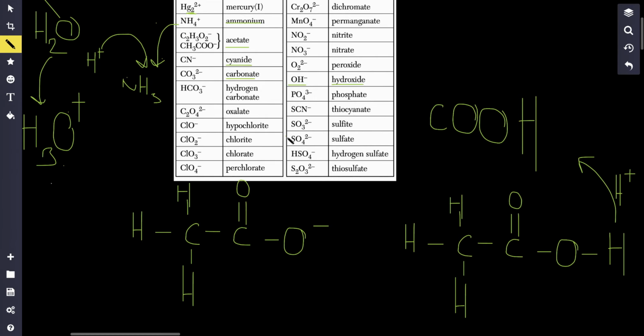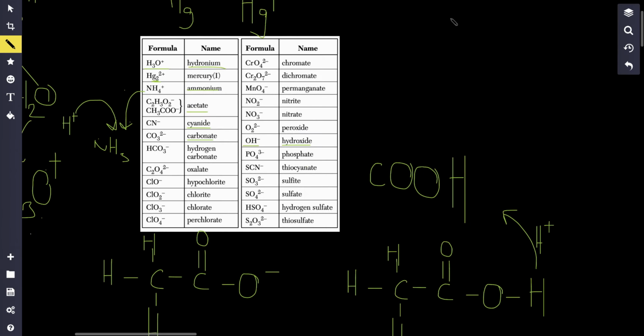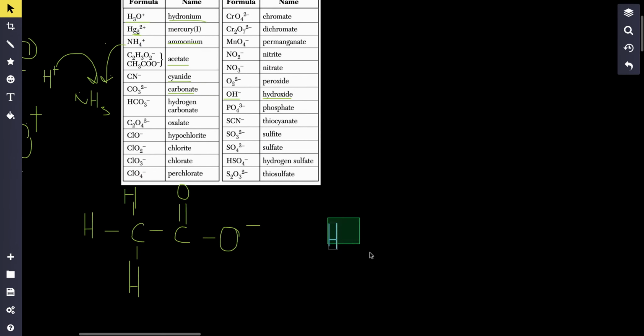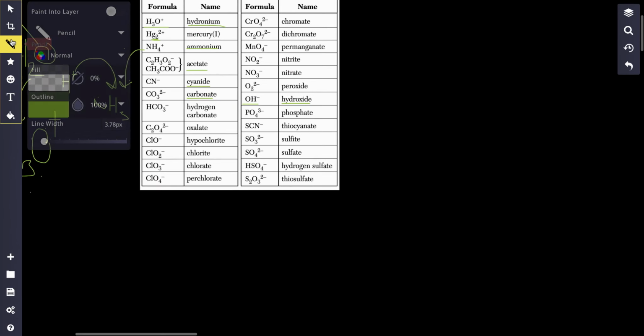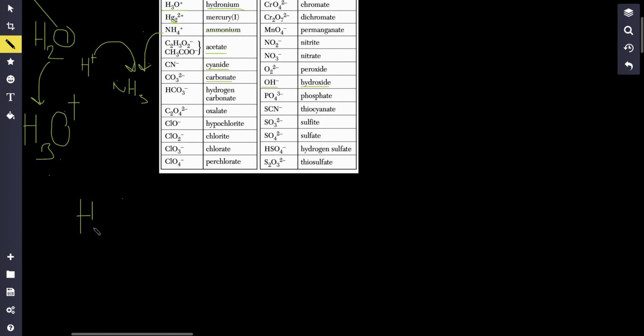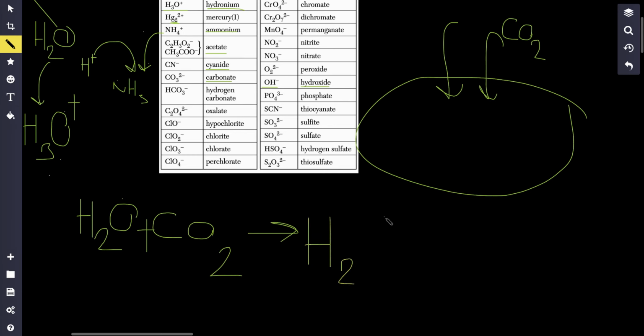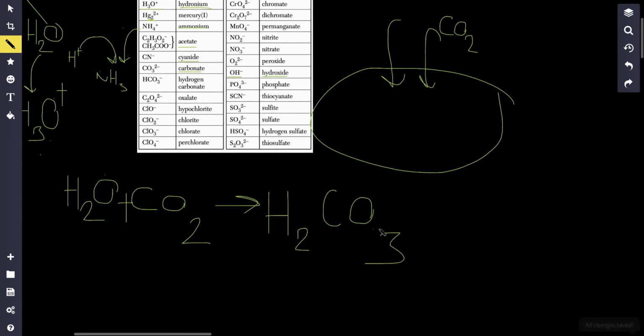Then we have carbonate. Carbonate is a little bit of a weird one, but once again, we can connect this back to acids and bases. Let's say this is water in the ocean, and in the atmosphere we have carbon dioxide. When water combines with carbon dioxide, this gives you H2CO3. This is something known as carbonic acid. Now imagine if one of these hydrogens disappeared.